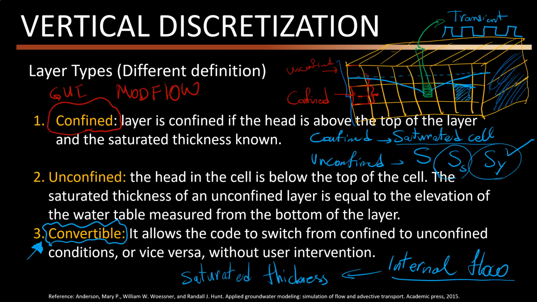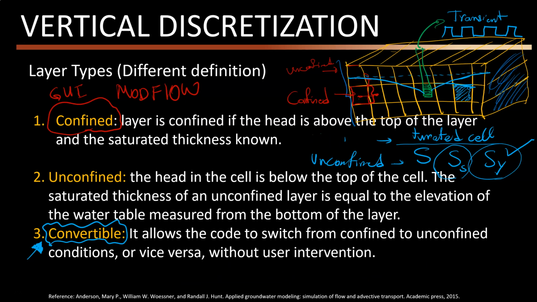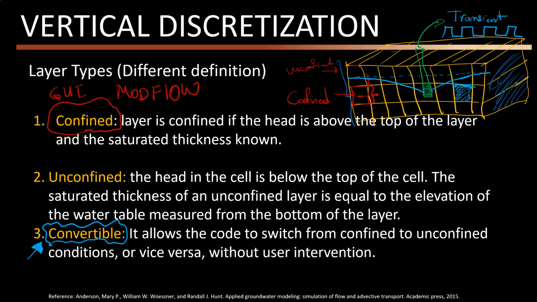There are some cases and situations where, although the modeler knows that this is an unconfined layer, due to the convergence problem, which is usually an issue here, we force the computer to consider this as a confined system.